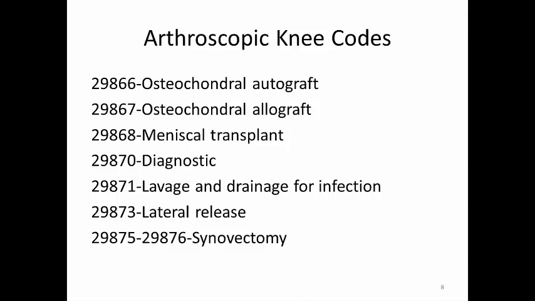So slide number 8, in the knee section, for the sake of time and space, I've given you the abbreviated description of these codes, and noticing that there is a difference between the codes related to autograft and allografts when you're doing osteochondral defects. Autograft meaning it's the patient's own graft, allograft meaning it's coming from someone else and usually taken out of a package of sorts.